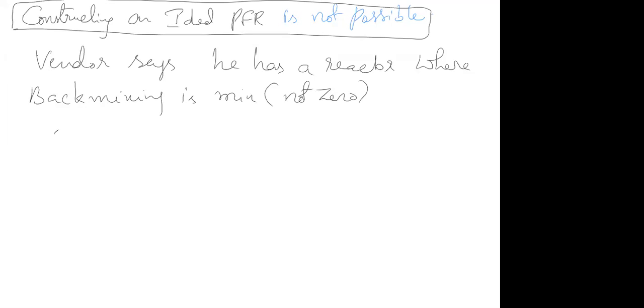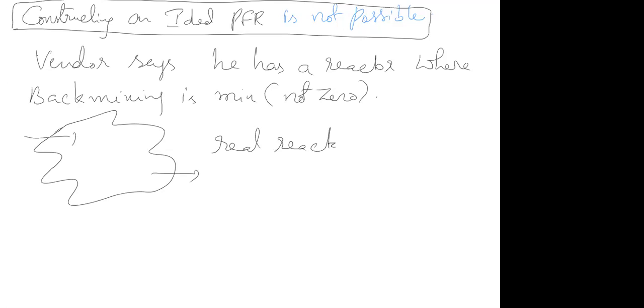Let's say this is how you represent it. This is what a real reactor is. He shows this reactor and tells you that you can take it, because this reactor has very minimum back mixing.